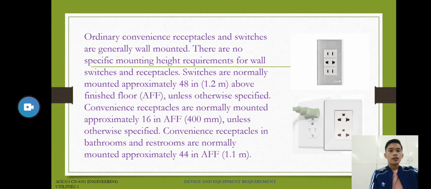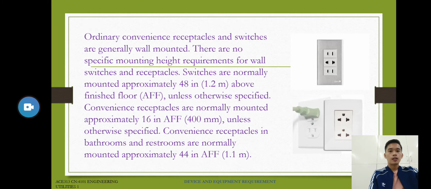Ordinary convenience receptacles and switches are generally wall-mounted. There are no specific mounting height requirements for wall switches and receptacles. Switches are normally mounted approximately 48 inches or 1.2 meters above the finished floor, unless otherwise specified.